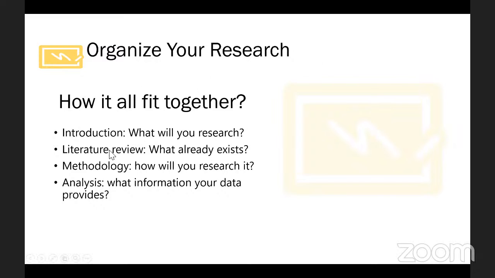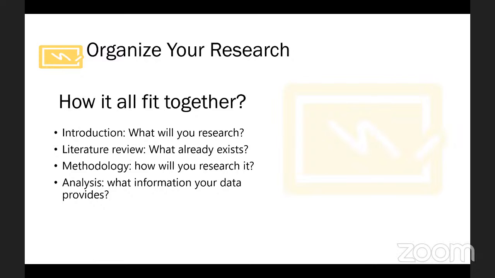Usually the literature review is not separate like this. Introduction and literature review are included under one heading, the introduction. In some fields, like scientific research, these two things are together in one introduction part, but social sciences usually have a different pattern, writing the literature review separately from the introduction.